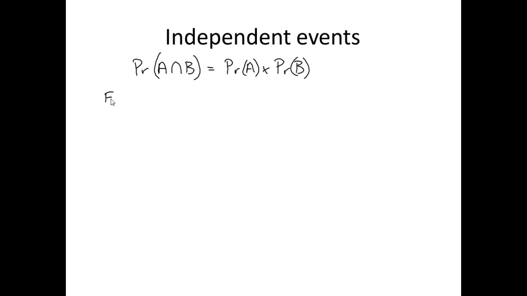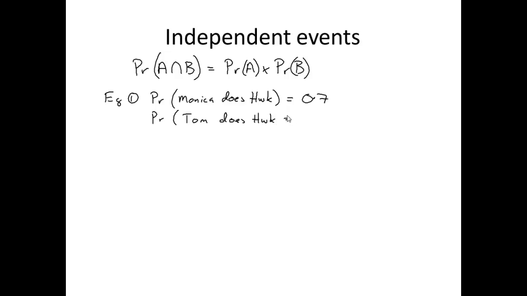So here's our example. The probability Monica does her homework is 0.7. Good girl, Monica. The probability that Tom does his homework is 0.4.